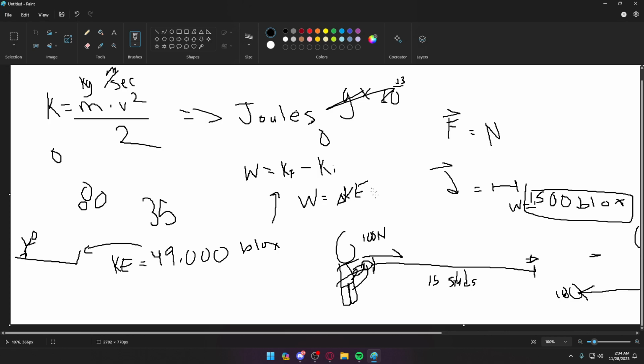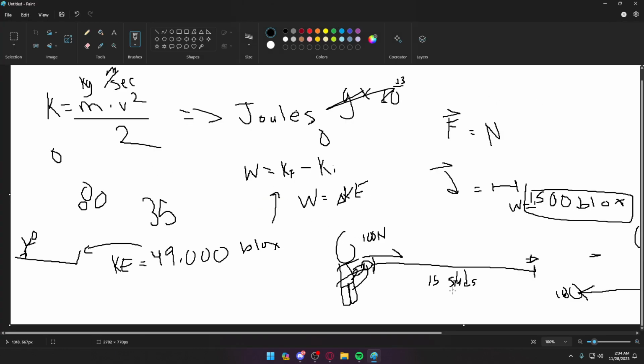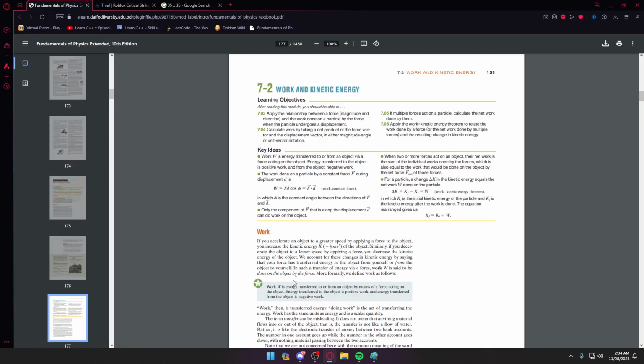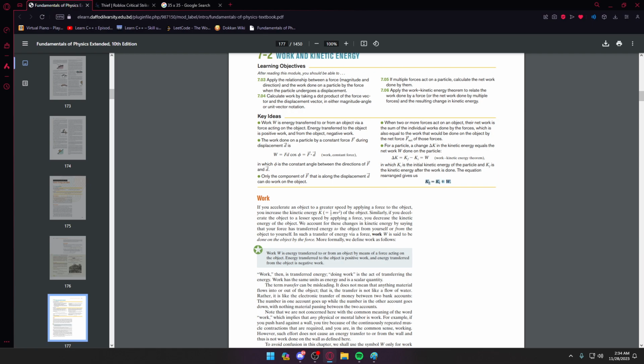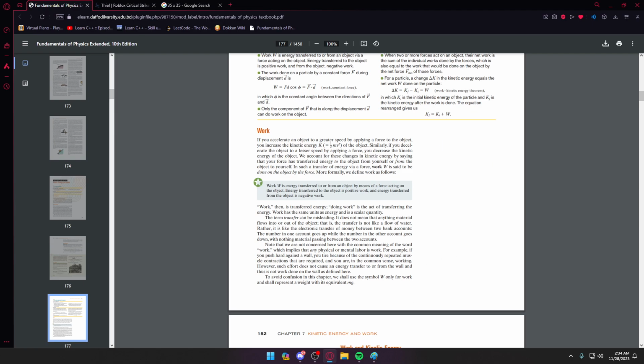Even simpler. There will be examples when that's not the case. I'm just saying this as an example in linear terms in 2 dimensions. I'm not talking about 3-dimensional yet. Pretty simple, and I think that's work. The kinetic energy final, I already explained that. Then the change, I already explained that.